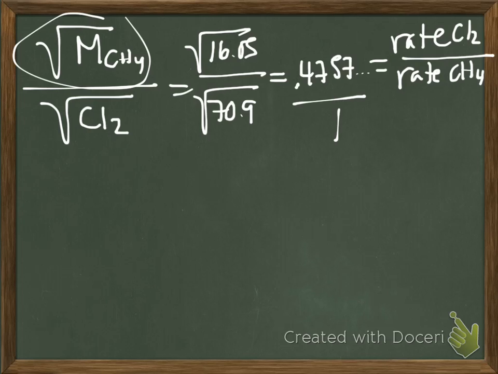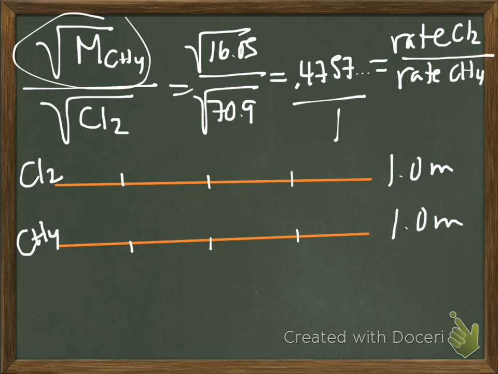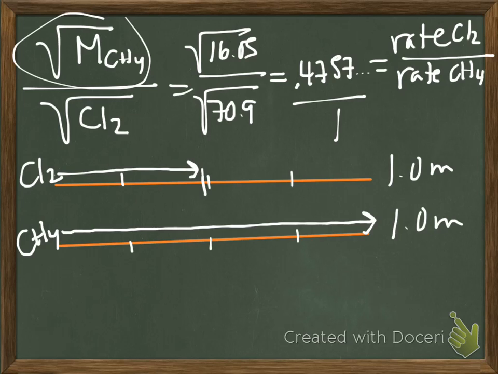So all we're saying now is that in the amount of time that a molecule of methane can effuse 1 entire meter, a molecule of chlorine isn't going to go a whole half a meter. It's going to go 0.4757 meters.